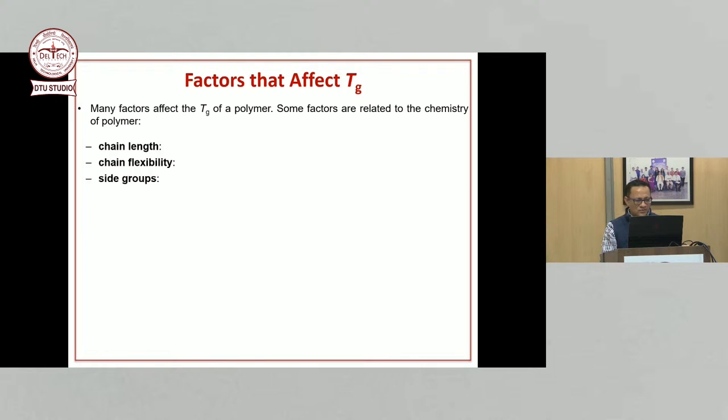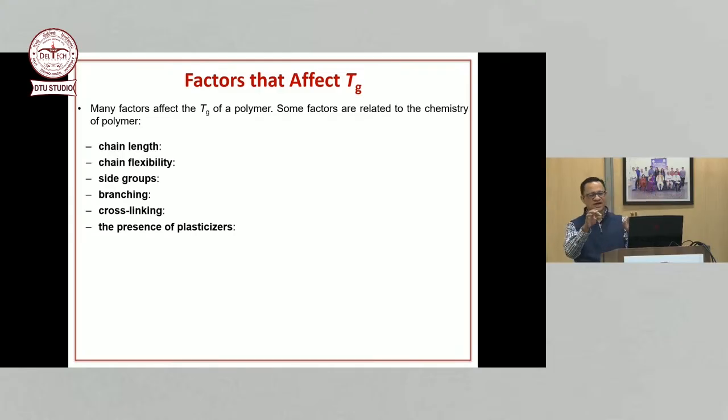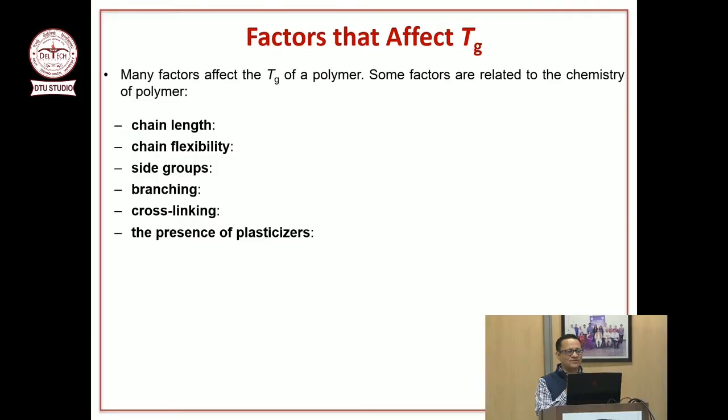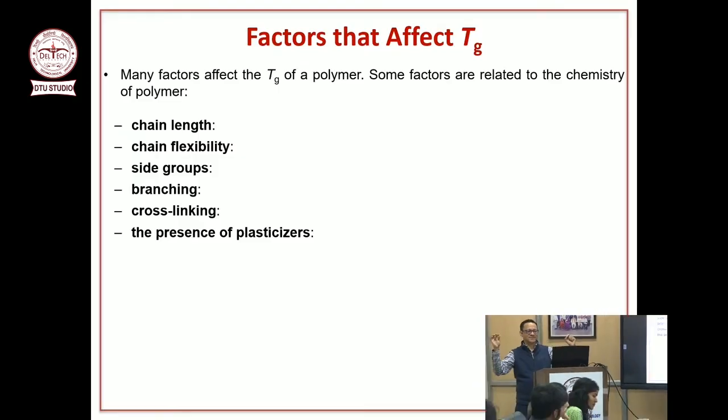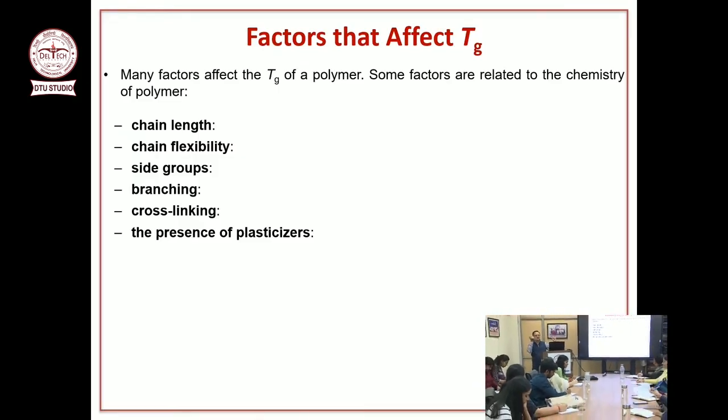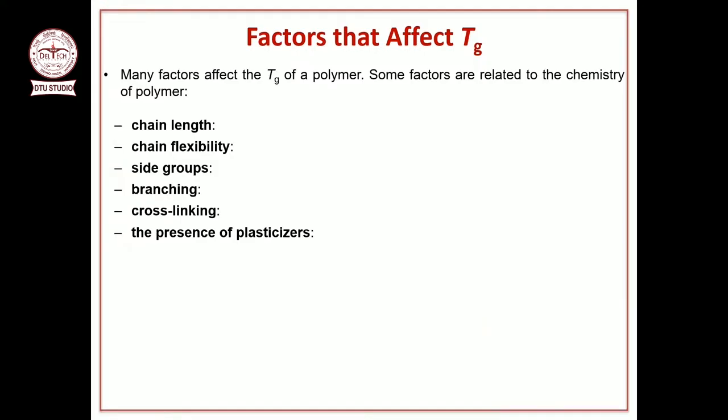Okay, so now I want you guys to take 5 minutes to just write it in your notebook. Don't discuss. What will happen if you have a longer chain length? Will Tg go up or down?